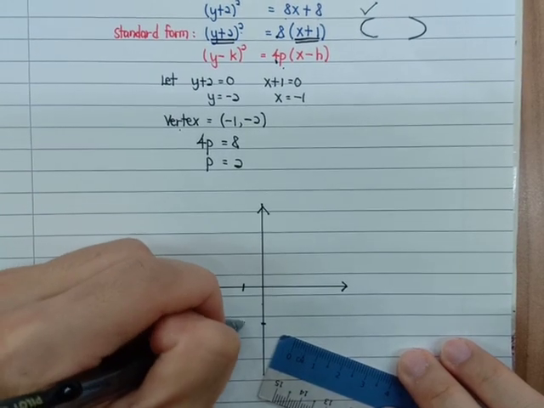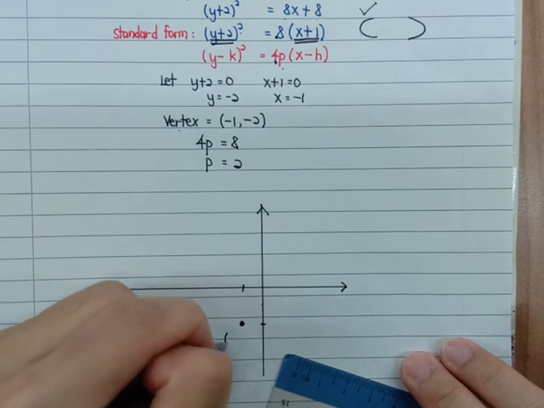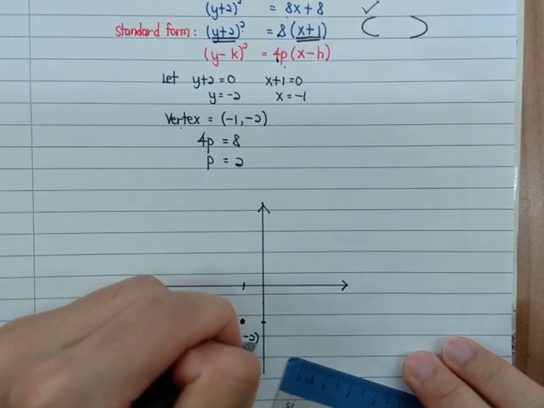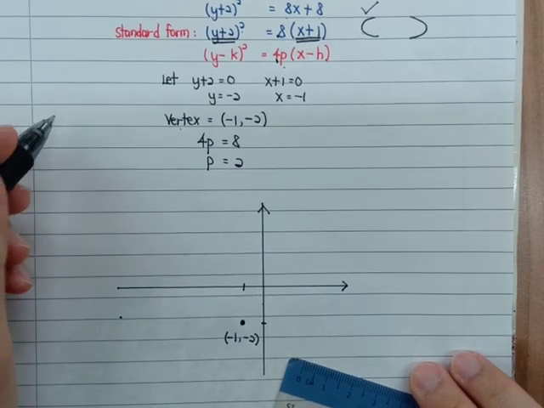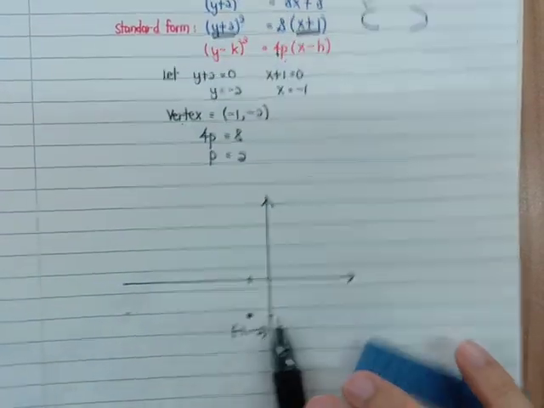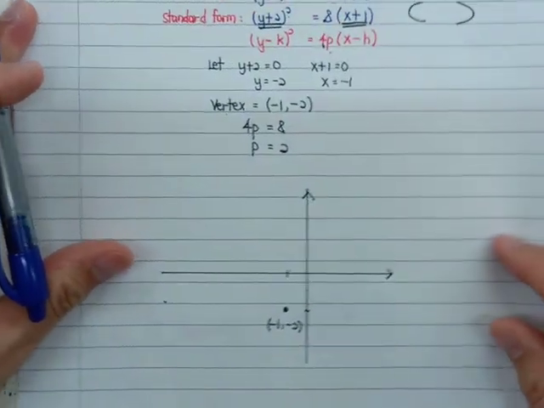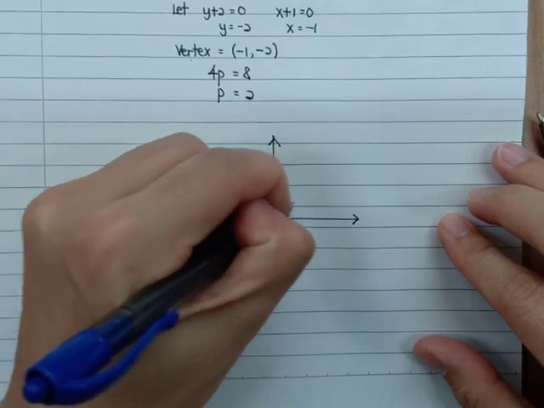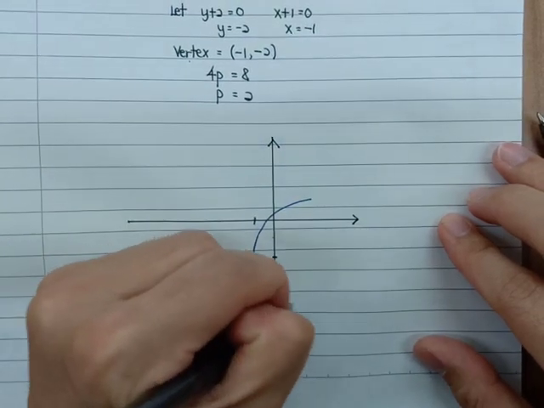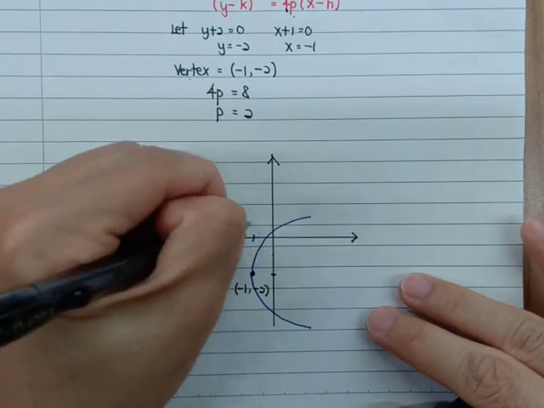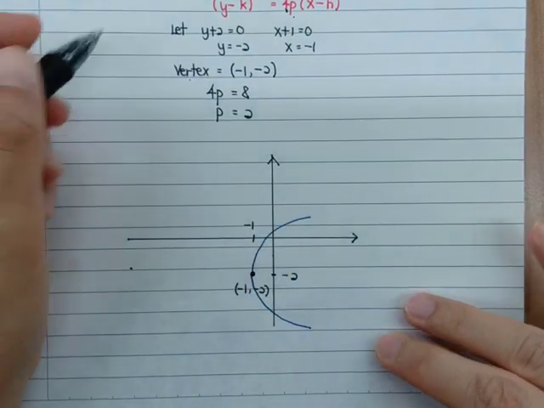So this is the point for the vertex, negative 1, negative 2. Since this graph is open to the right, the graph will be open to the right. So I label the coordinates. Here is negative 1, here is negative 2.